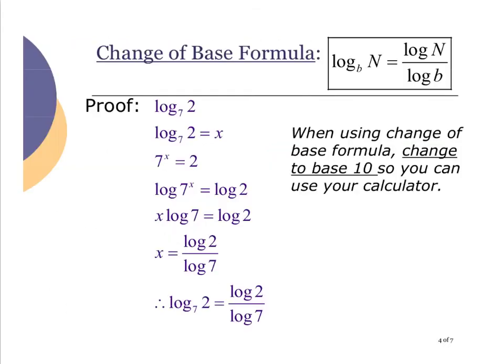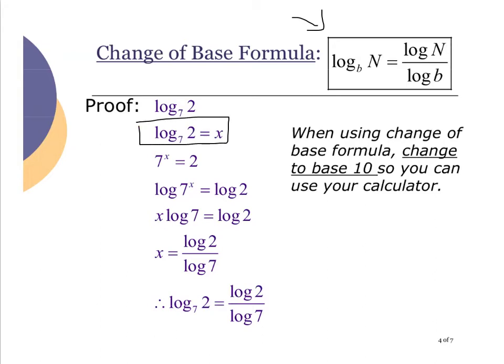So there's a formula called the change of base formula, and you use this when you want to change to base 10 so that you'd be able to use your calculator. It's sensible, so I'm not going to be giving this formula on the test to you, so you need to make sure you understand how we did the problem, okay? If you have log base 7 of 2, you're just going to set it equal to x, so I did that right here.